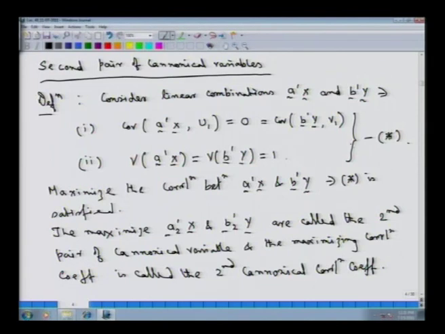The maximizing a2' x and b2' y are called the second pair of canonical variables, and the coefficient that we obtain by maximizing that expression is going to be called the second canonical correlation coefficient.